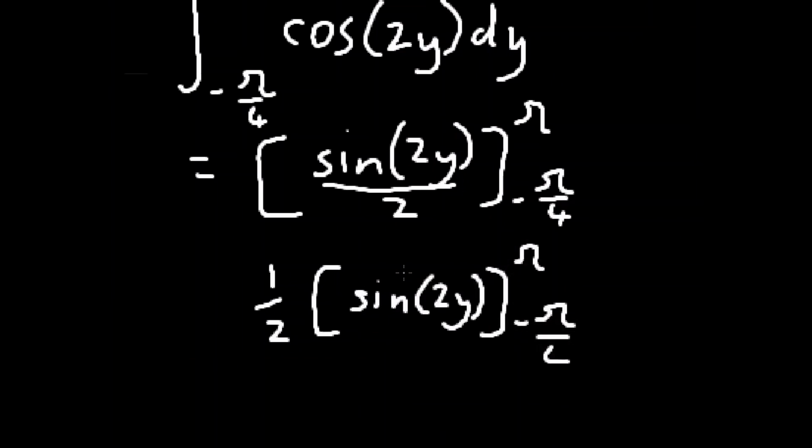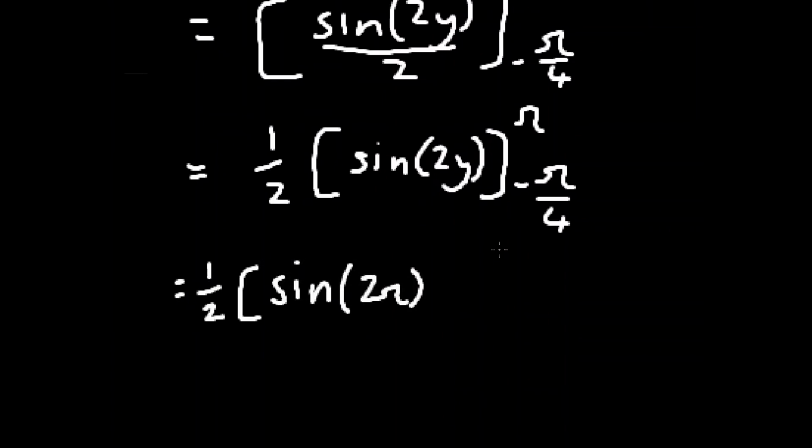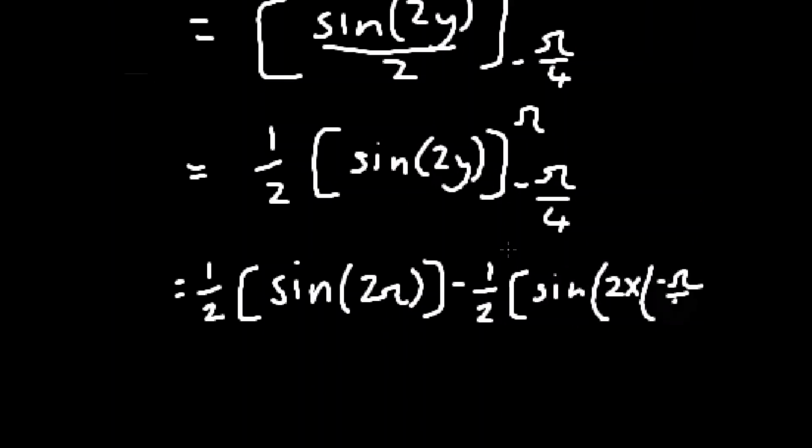And now we substitute this value of pi into the value of y, and then we say minus, and then we substitute that value of minus pi on 4. So let's go ahead and do this. It's going to get a little tricky. So we can say sine of 2 pi, and I'm also just going to keep that 1/2 out the front of sine of 2 times by minus pi on 4.